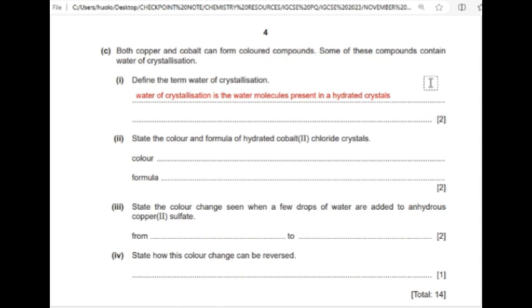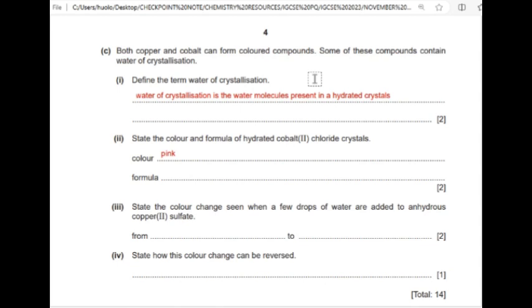Alright, we are making progress now. Now state the color and formula of hydrated cobalt 2 chloride crystals. Hydrated cobalt 2 chloride is pink, while the anhydrous is blue.